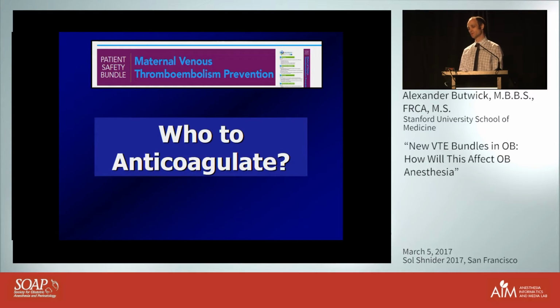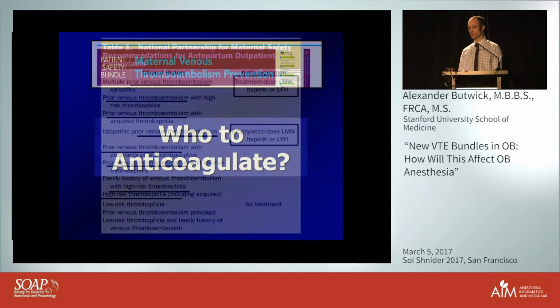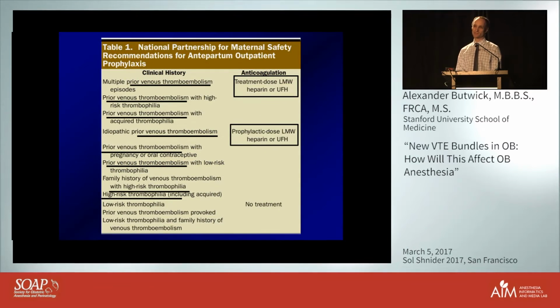So who are they recommending that we should anticoagulate? Their recommendations pretty much align predominantly with the guidelines that have come out with other obstetric societies. So if you have a thrombophilia that's associated with a moderate or high risk of VTE, it's very likely that that patient will receive some form of anticoagulation.